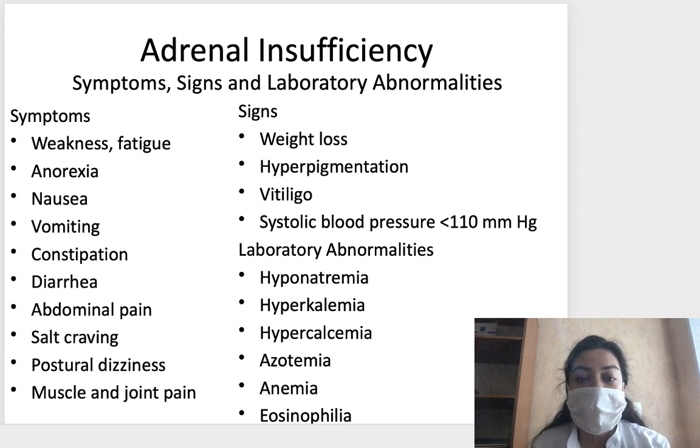Signs, objectively, you can find weight loss, hyperpigmentation of skin, vitiligo, and systolic blood pressure less than 100/70 mm Hg. Laboratory findings are hyponatremia, hyperkalemia, hypercalcemia, azotemia, anemia, and eosinophilia.